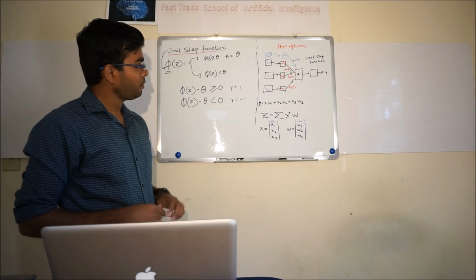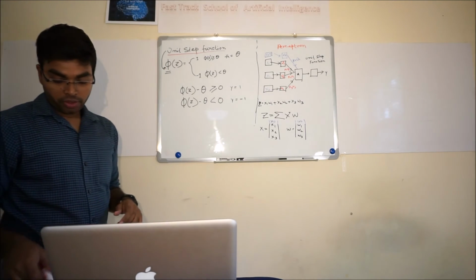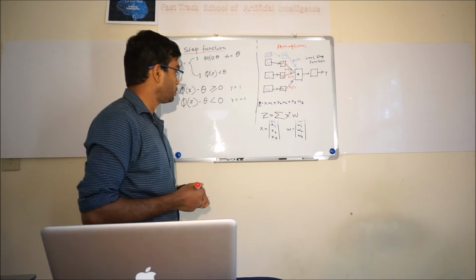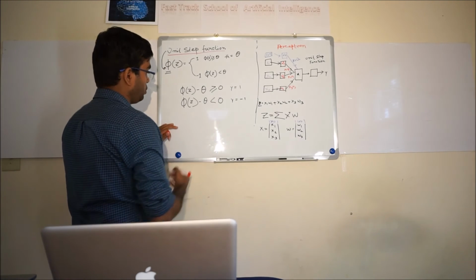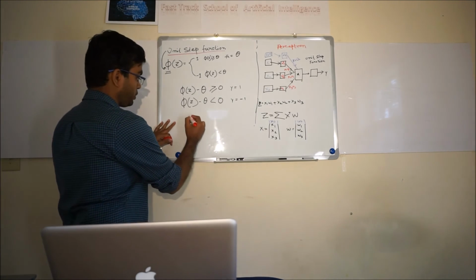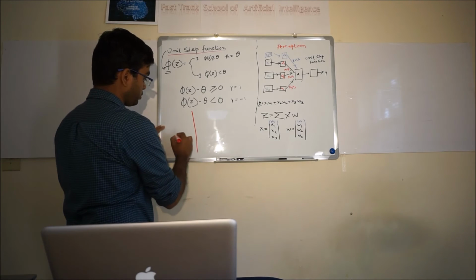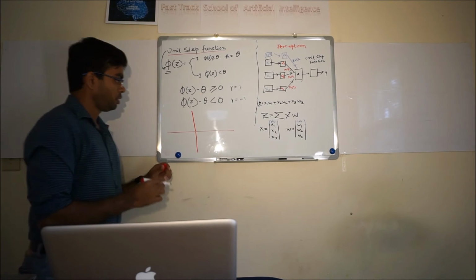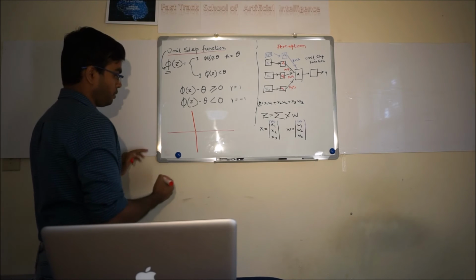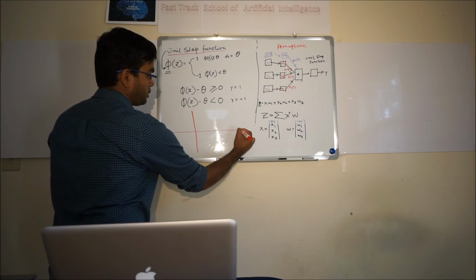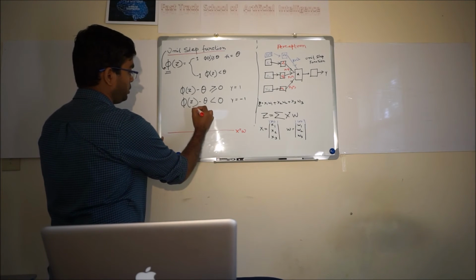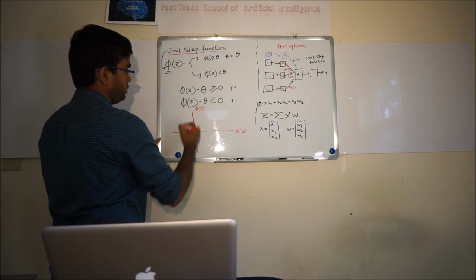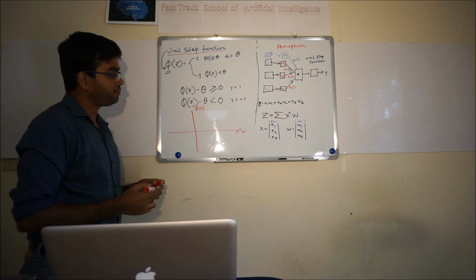Okay, so if we write it down in a graphical manner, to see how it will behave. Alright, so this is our x transpose w, and this is our z.